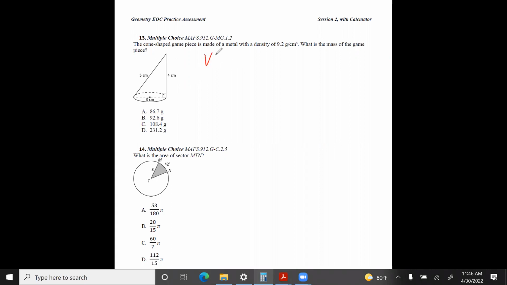For a cone, the volume is 1/3 base area times height, which, since our base is a circle, is pi r squared times height. Plug in the values we know: 1/3 pi, the radius is 1.5 squared, the height is 4. Again, height must always be the one that is perpendicular to the vertex.